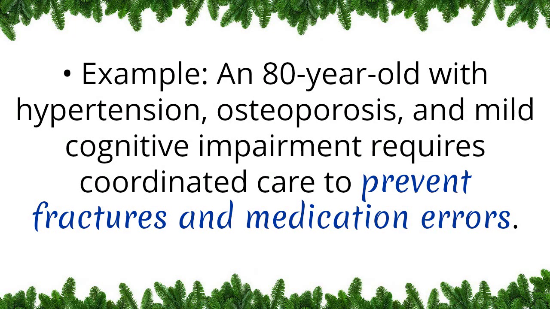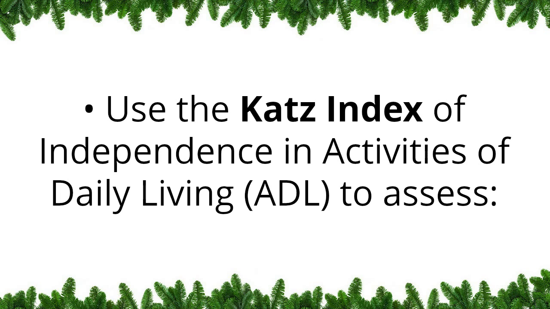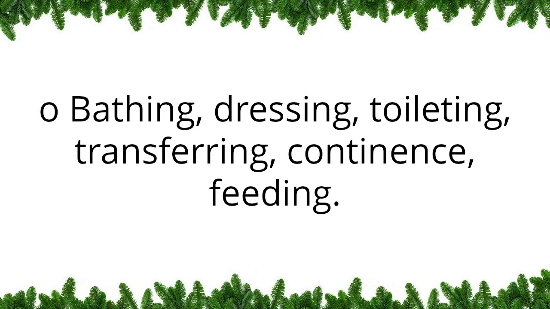So when doing a comprehensive geriatric assessment, also look at functional status evaluation. For this, you can use the Katz index of independence, which looks at activities of daily living.